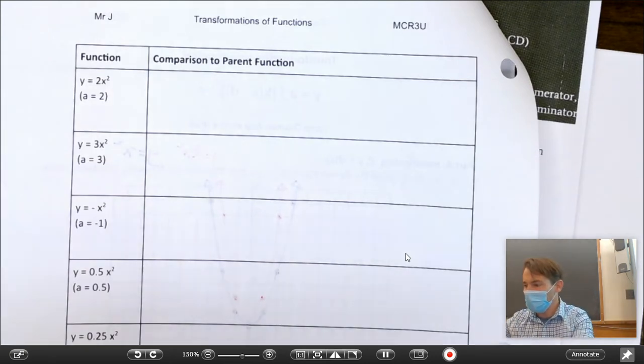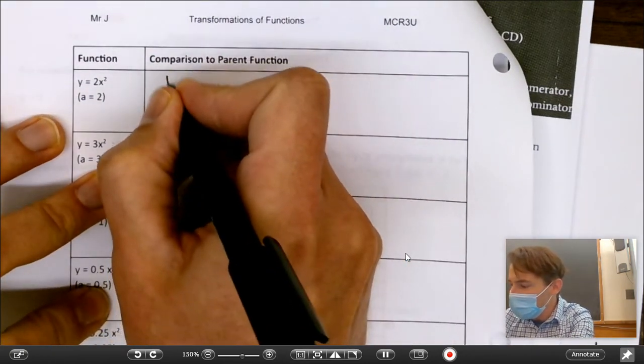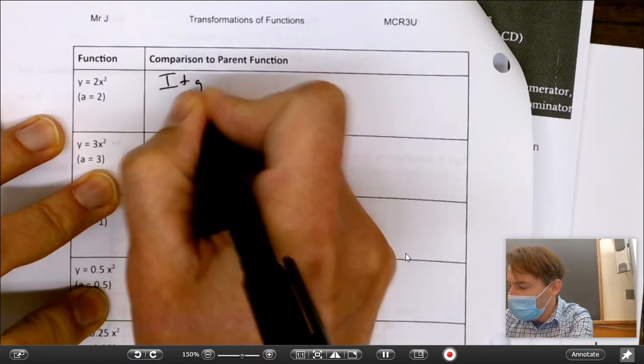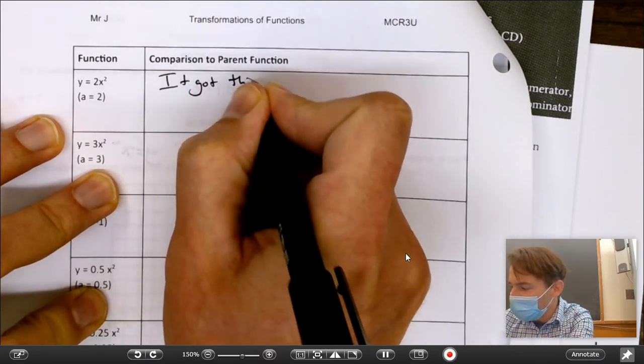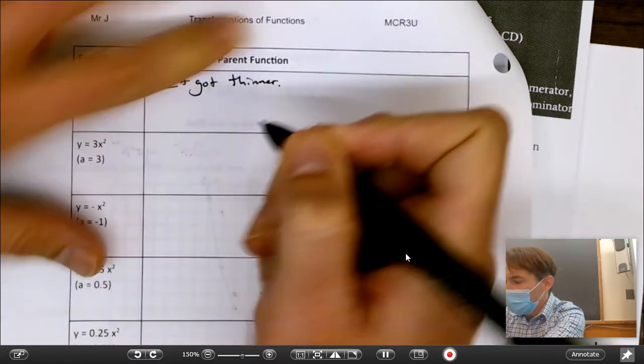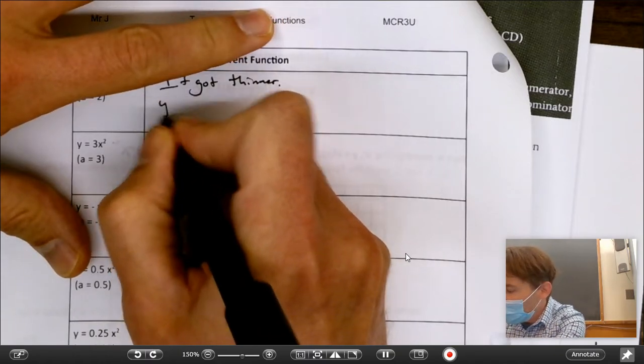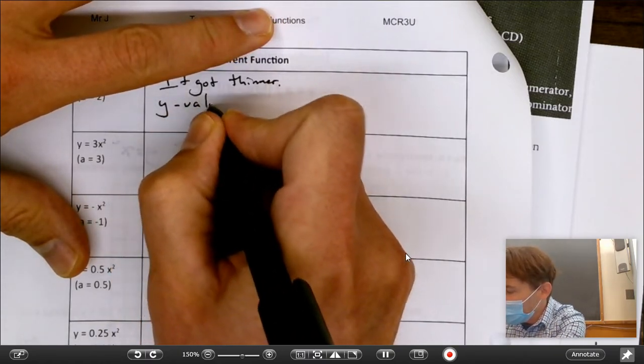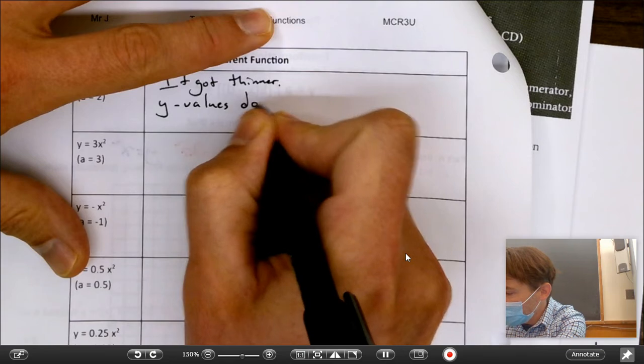Comparison to parent function. So I would say, these are things I've heard. It got thinner. The y values doubled.